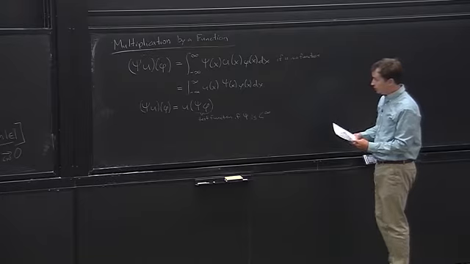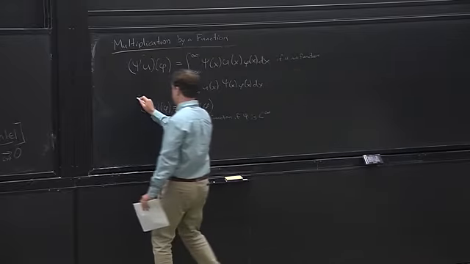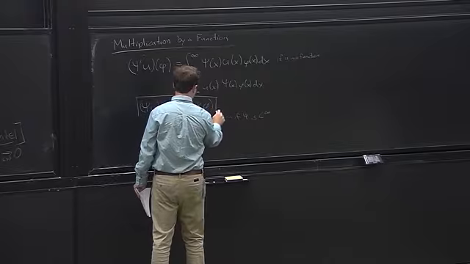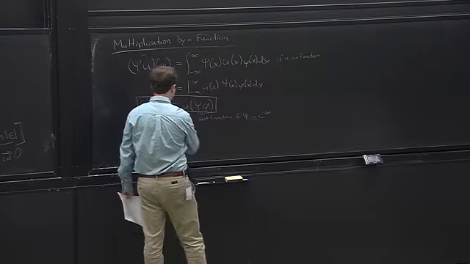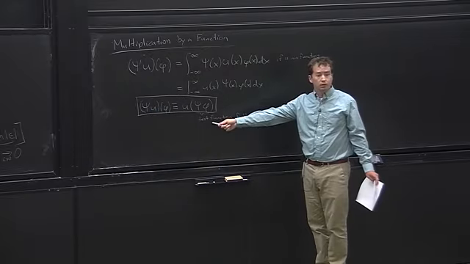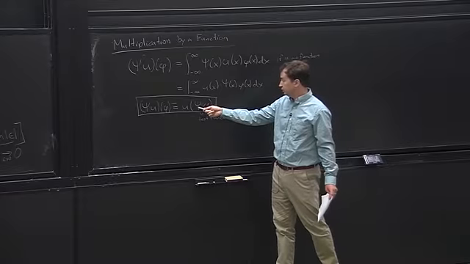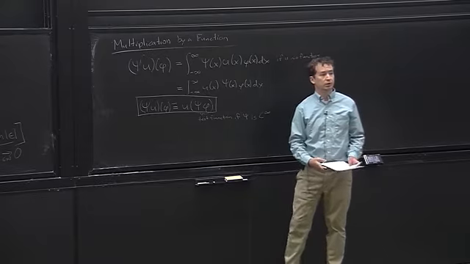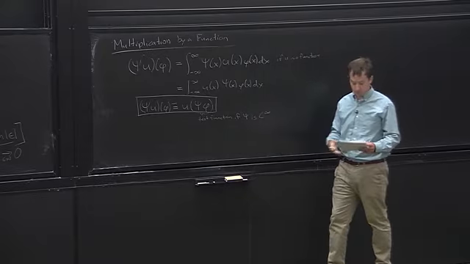Okay. And so this is our definition. Write this as a definition. And note, it only makes sense, we can't multiply by an arbitrary function. It has to be a C infinity function.